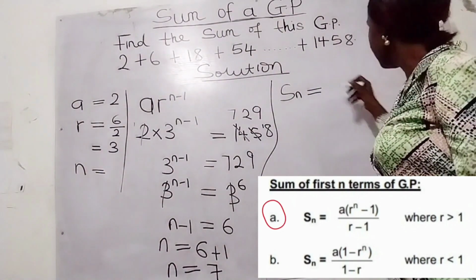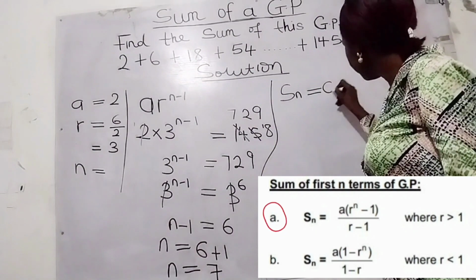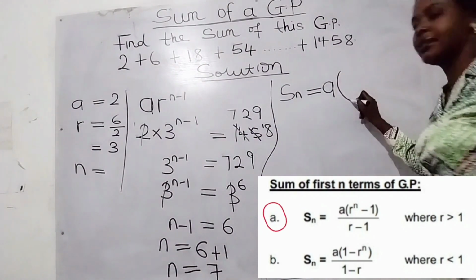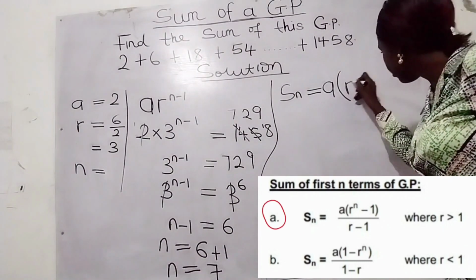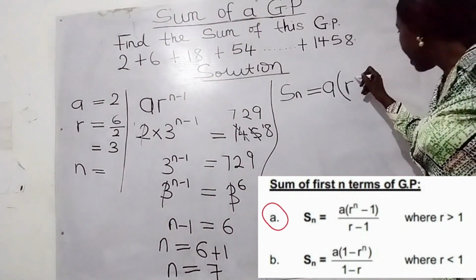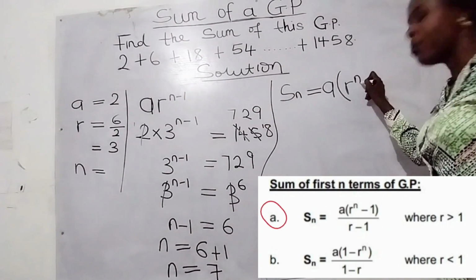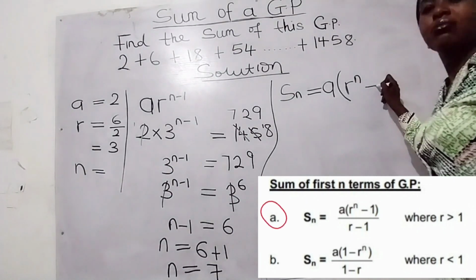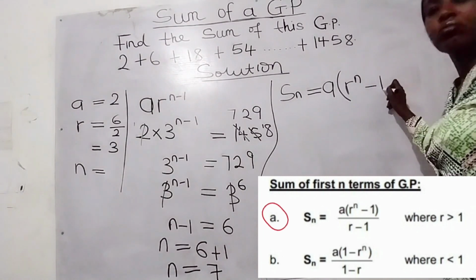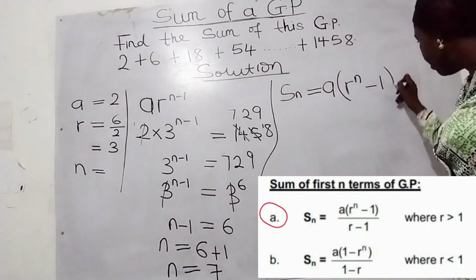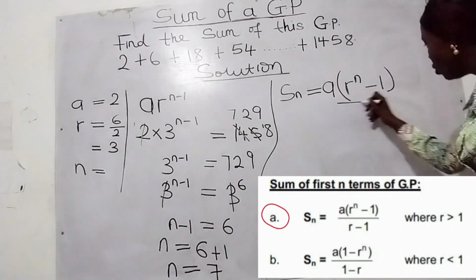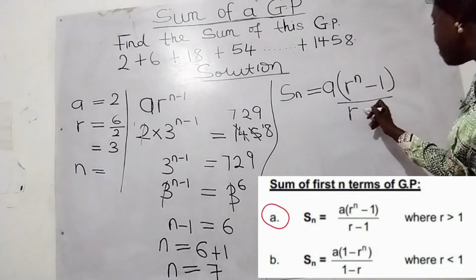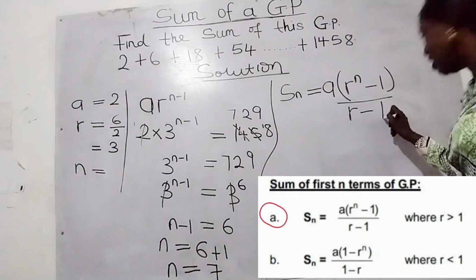a open bracket, open bracket, r raised to the power n, minus 1, close the bracket, all over r minus 1 again.